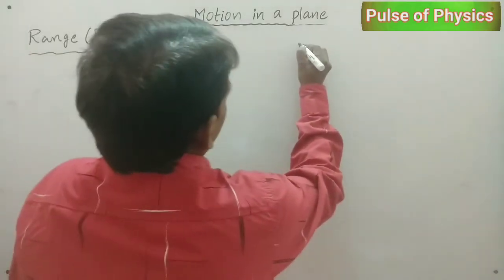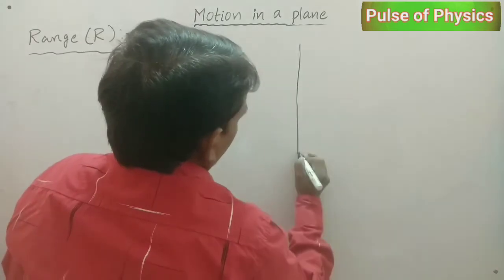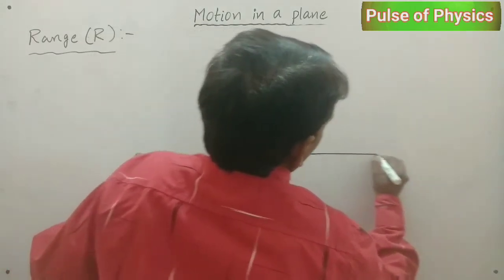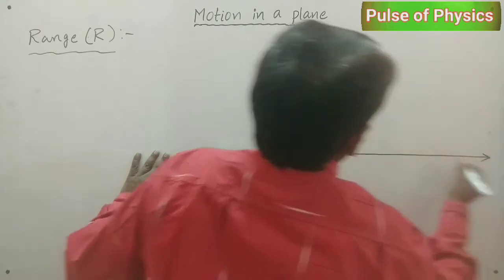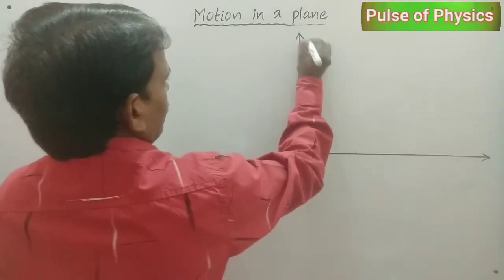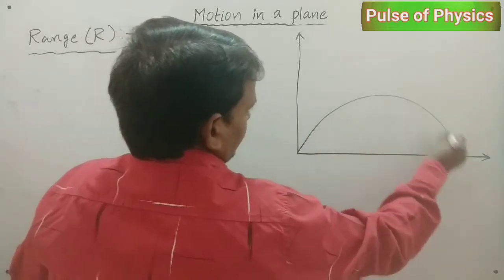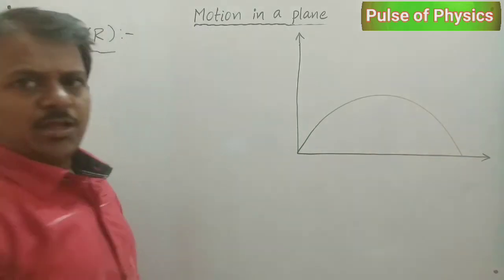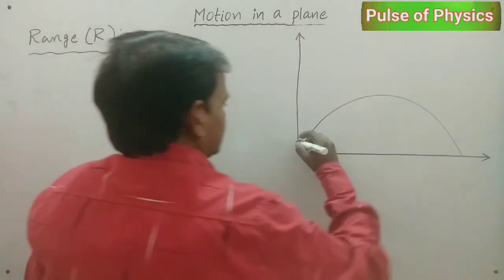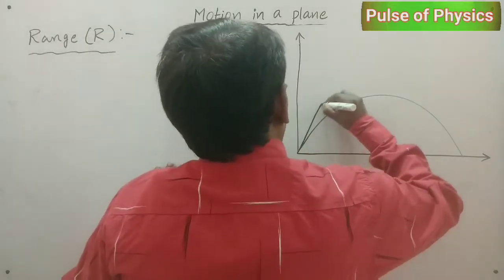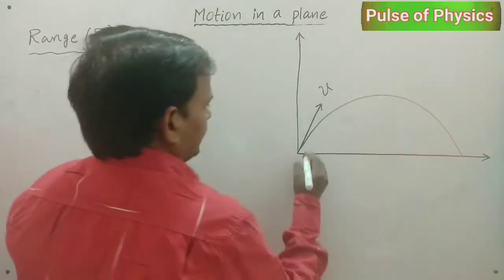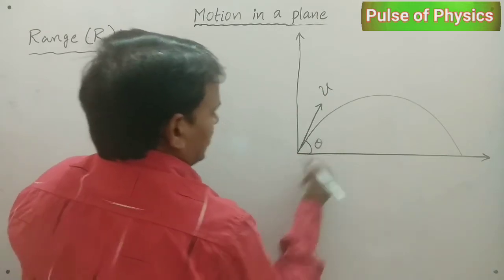So, let us draw the diagram. Here, the body is projected from this point. It follows a parabolic path. See, this is the initial velocity. This angle is theta.